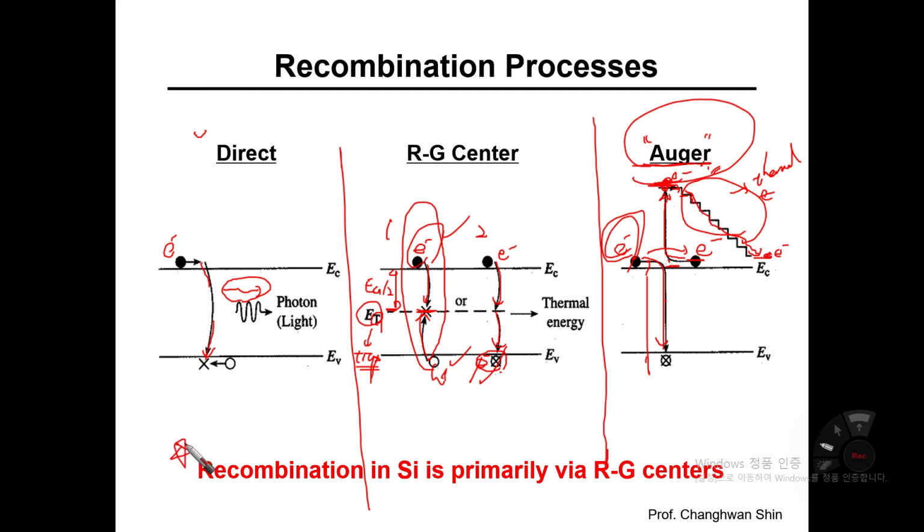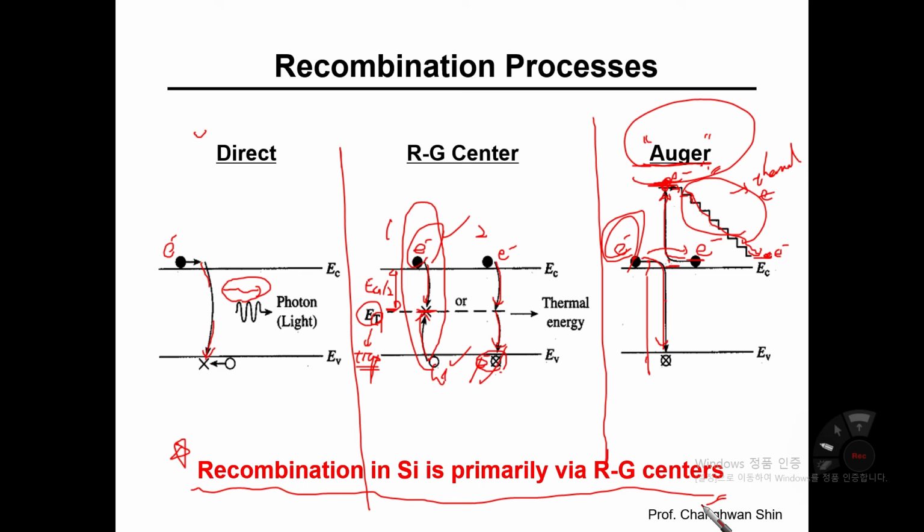On the bottom line, you can see a very key sentence that I want to deliver to you. Recombination in silicon material. Silicon is a mainstream and major material for DRAM, NAND, CPU, and GPU. All the integrated circuit chips are created and fabricated onto the silicon substrate wafer, right?